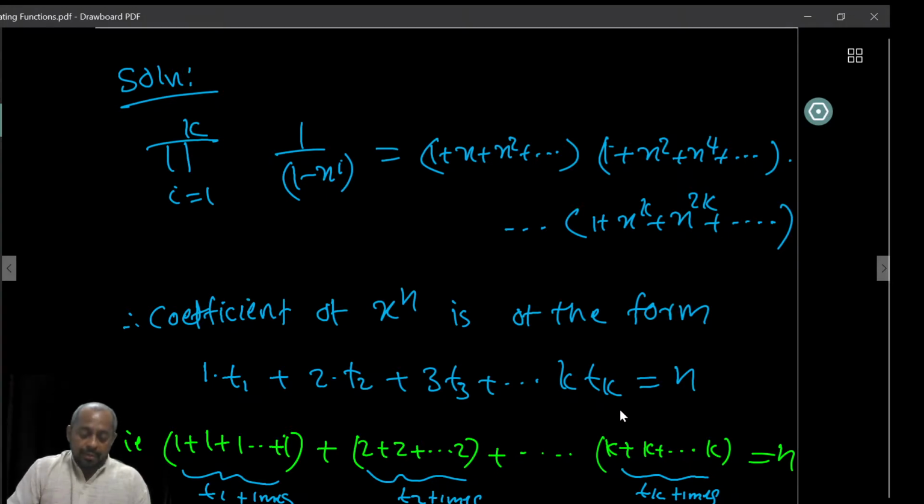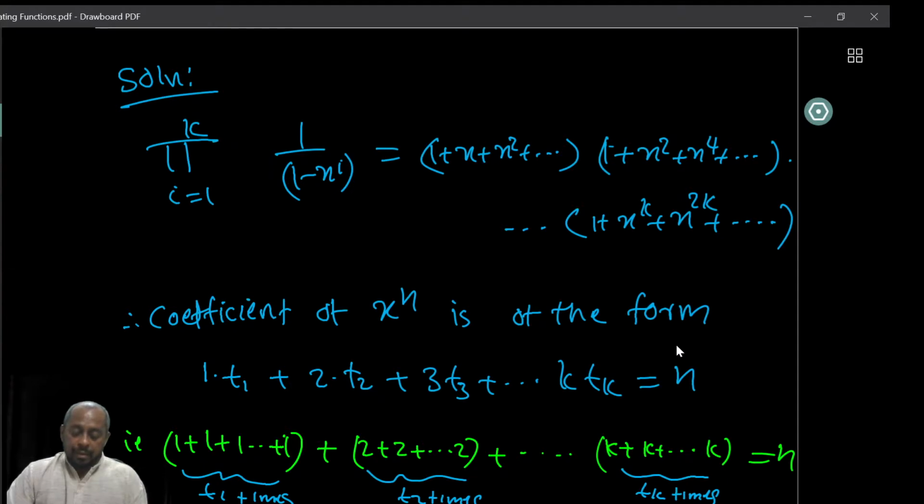So if I write like this, you can visualize this as a partition of n, where the largest size is k, and k is appearing tk times, and 2 is appearing t2 times, etc. So this denotes a partition of n into terms where the largest part is k.